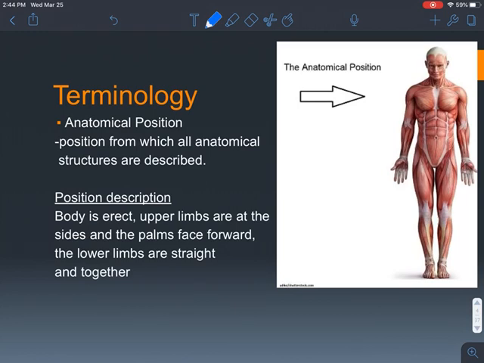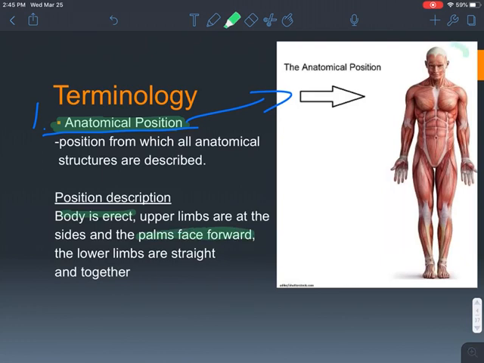We have to start at the anatomical position. There's one position from which all anatomical structures are described, and that's the anatomical position that you see here. The description: the body is erect, so you're standing upright, limbs are at the sides, palms face forward, and lower limbs are straight and together.